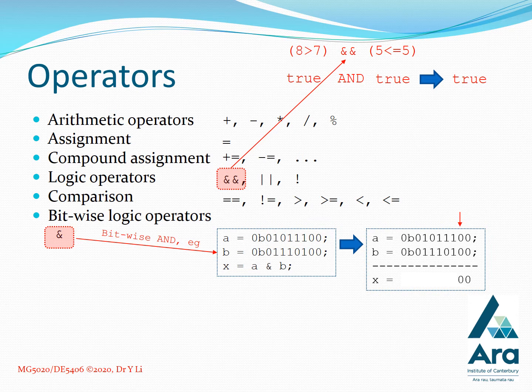The next bit, also 0 AND 0. Then the next one, 1 AND 1, which is 1. 1 AND 0 equals 0. 1 AND 1 equals 1. Then 0 AND 1 equals 0. 1 AND 1 again equals 1. And then 0 AND 0 equals 0. So that's the result for x.